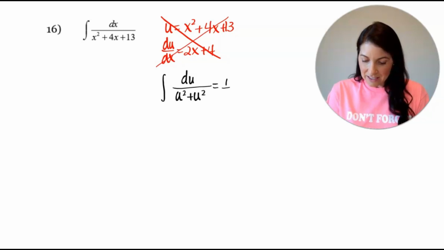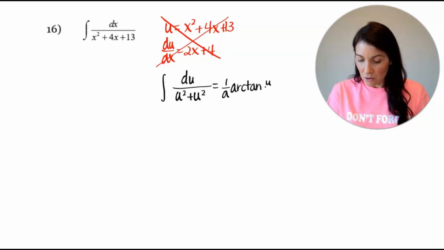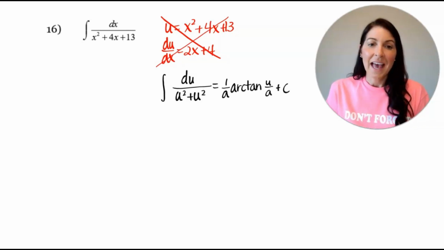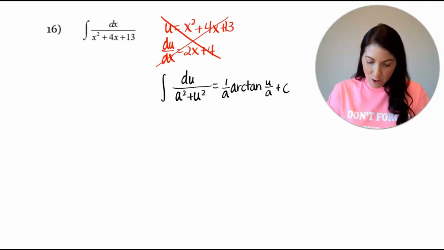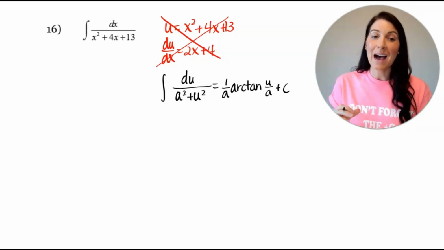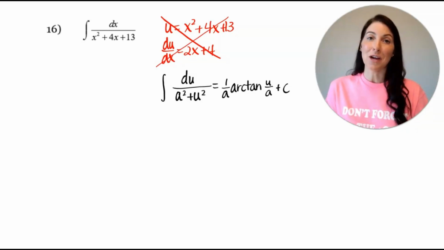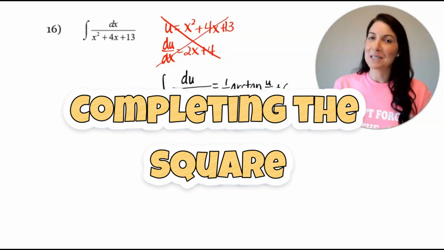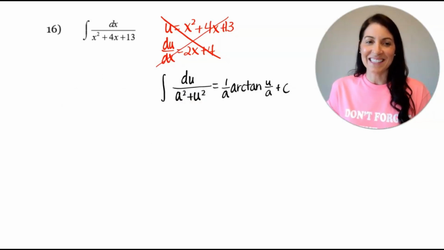And that will produce an antiderivative that's an arctangent function. Now, the hard part is producing that a squared plus u squared in the denominator, and that's going to require a strategy called completing the square. I love these problems. There's some really good mathematics in them.